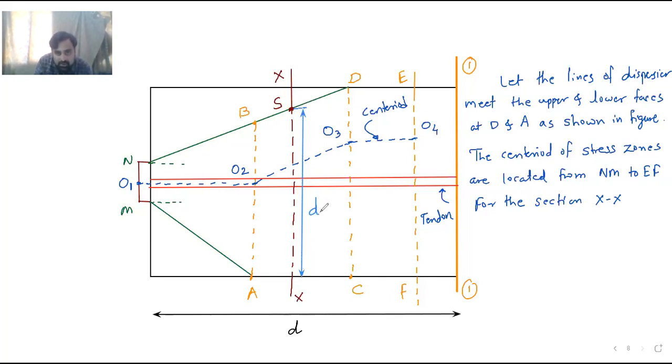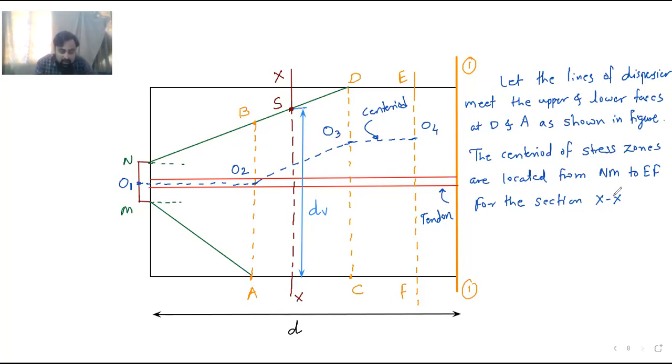So this is called as dV, depth of the section. Okay, dV. It is not the entire depth which is considered, because the point S is not at the topmost edge where the X point is there.